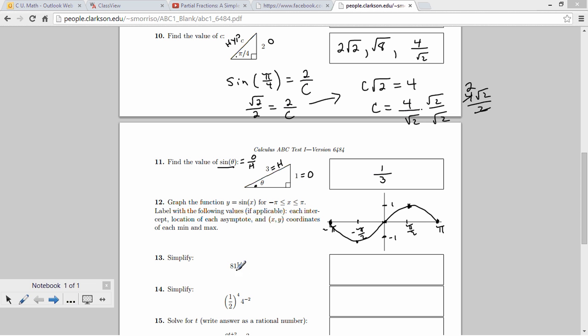13, they want to simplify an exponential expression. They got 81 to the 5/4 power, 5/4 exponent. Remember, the 5 is the power, and the 4 is the root. So if we were to use an old school radical notation on this, they're talking about the 4th root of 81, and then they're taking that 4th root of 81 and raising it to the 5th power, right?